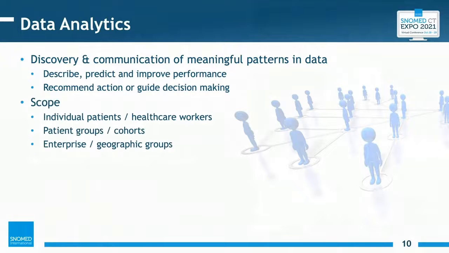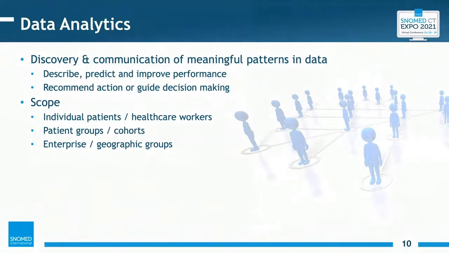Data analytics can be performed over health record data for an individual patient or an individual healthcare worker, patient groups or cohorts, which might be based on a combination of demographic and clinical criteria, or analytics can be performed over enterprise groups based on specific healthcare teams, wards, clinics, or institutions.